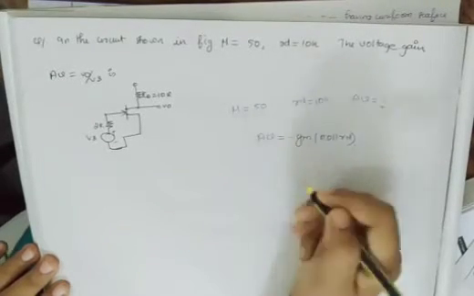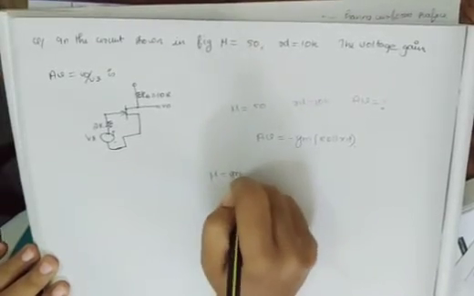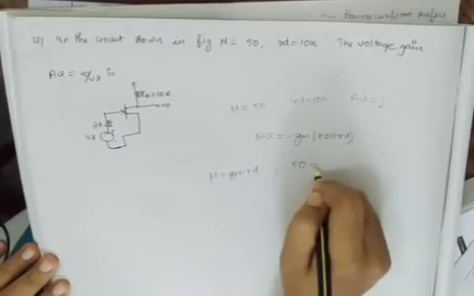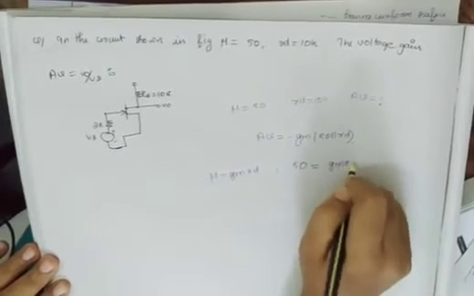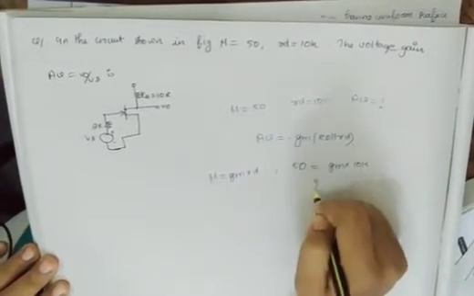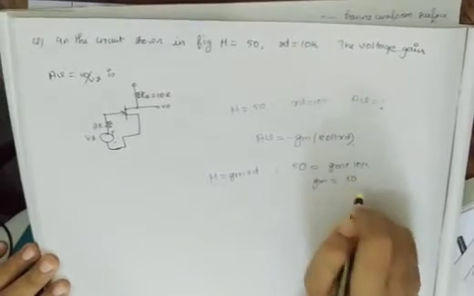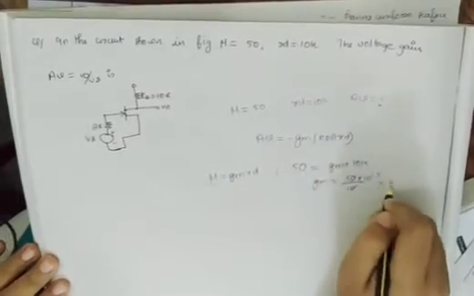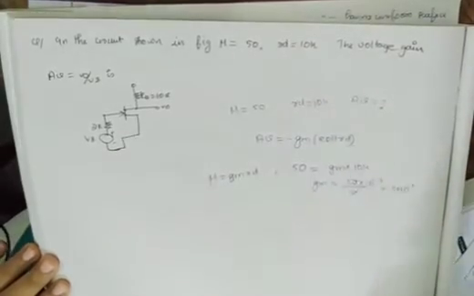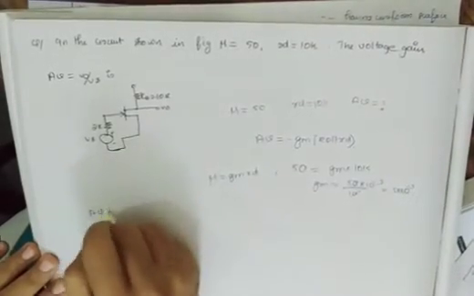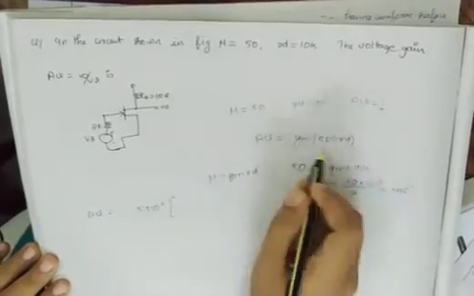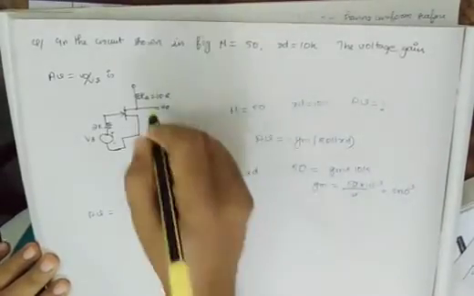And what is Gm? Mu is equal to Gm into rd. Mu is given here, that is 50, and rd is 10K. So Gm is equal to 50 divided by 10 into 10 raised to 3, that is 5 into 10 raised to minus 3. And AV equals 5 into 10 raised to minus 3 into Rd parallel rd. What is Rd here?